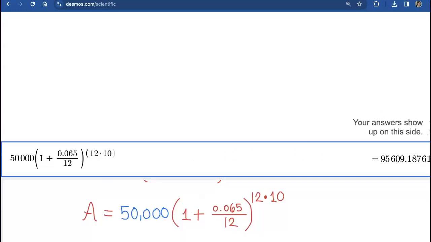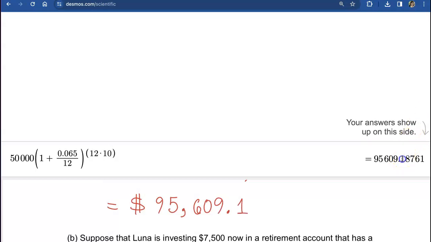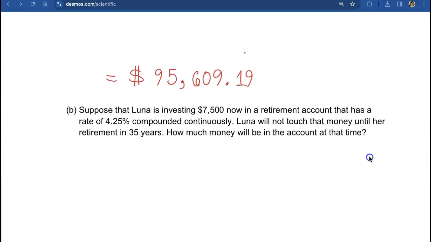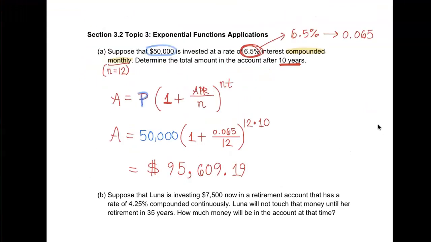When I type that in, I got the answer right here. After 10 years, this investment will grow to be $95,609, and now let's round that up to 19 cents because the next digit is bigger than 5. So that is how you can find the accumulated amount using the compound interest formula.